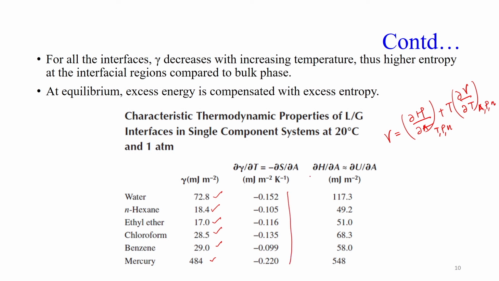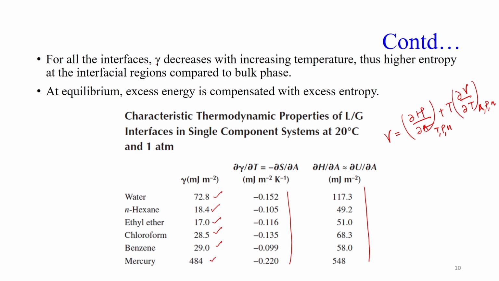This is the slope, and this is the change in the enthalpy per unit area. So, if these two parameters are known, we should be able to calculate the value of surface tension at any given temperature. So, it will be dH upon dA plus T, the temperature at which you want to calculate, multiplied by this slope. So, you should be able to calculate the surface energy of that particular liquid.